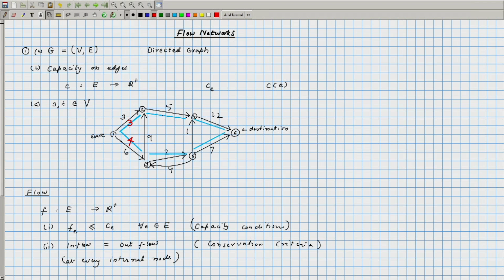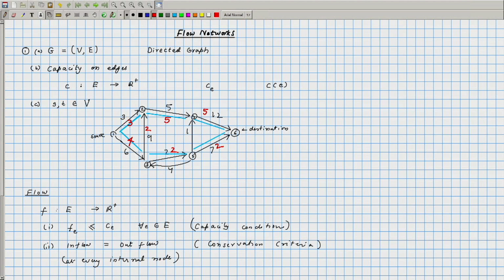So, there should be 3 flowing through the edge 2 4, and the 4 that comes here could be routed either through the 3 2 edge or through the 3 5 edge. Through the 3 5 edge I can send only 2, and the remaining 2 goes here, and 5 comes here, and 5 goes here, and 2 comes here.